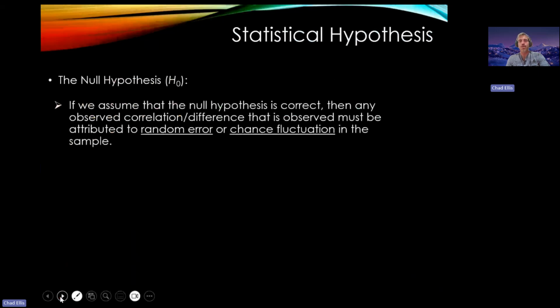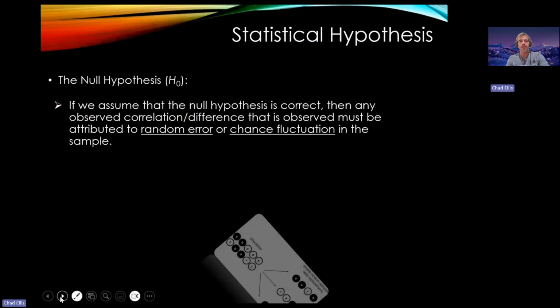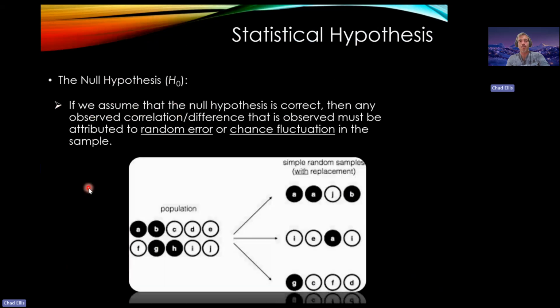So we see differences, and we're trying to determine whether they're statistically significant or not. The null hypothesis assumes that the differences that we actually do see, say between two groups, or in this case 3 groups, are not significant and are only the result of random sampling error from the overall population.